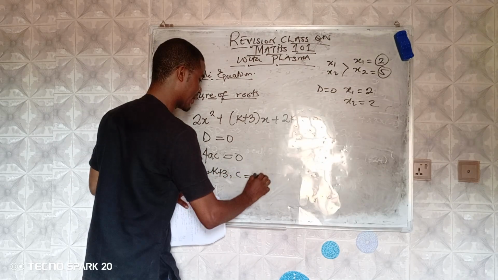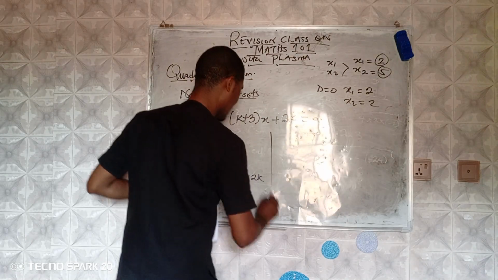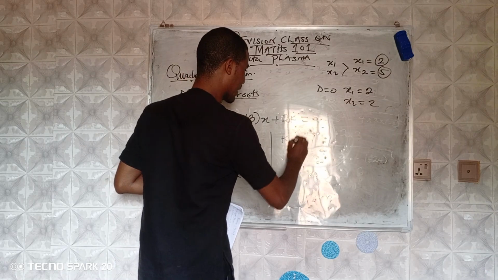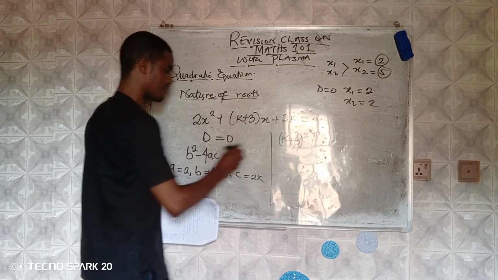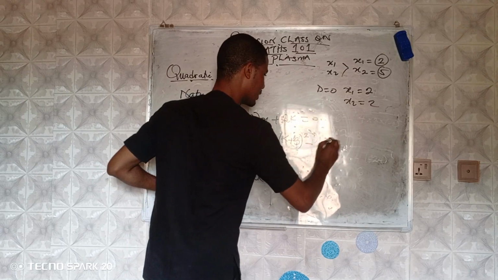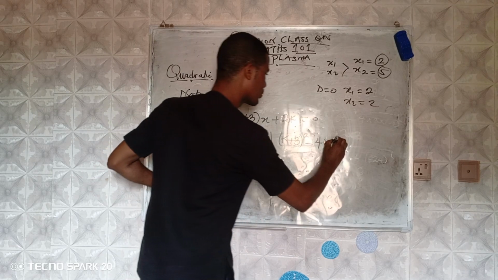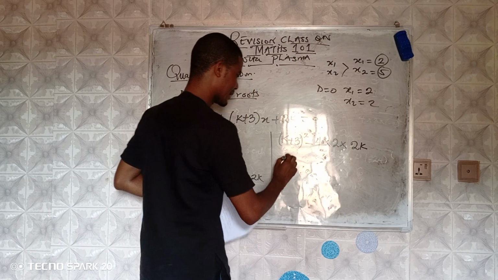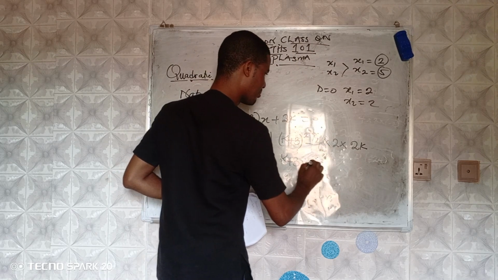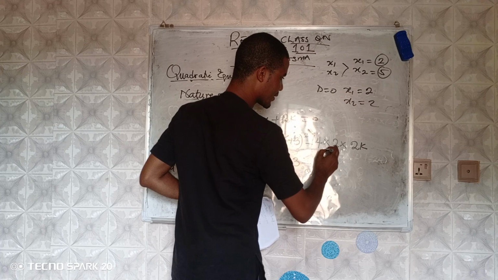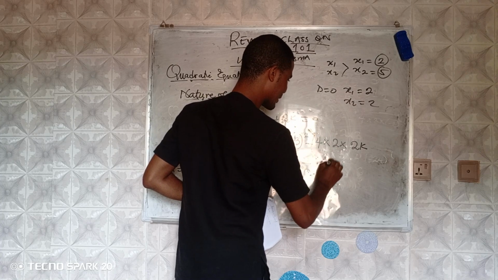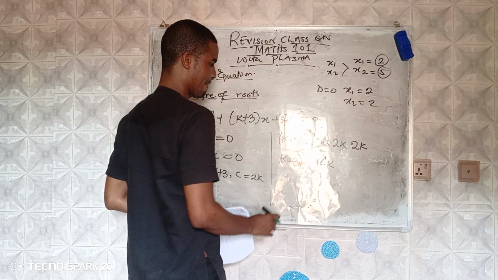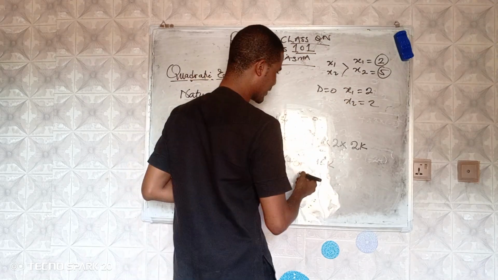Remember that my A is 2, my B is k plus 3, and my C is 2k. Then I will fill in this information here. B squared means (k plus 3) all squared, minus 4 times A, 2, times C, 2k. 4 times 2 is 8, 8 times 2 is 16, so 16k.